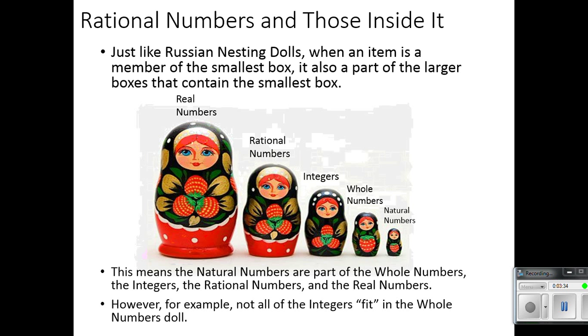The smallest doll goes into the next size, and then the next one goes into the bigger one, and then they would all go into the last one. That's a nesting doll. So when an item is a member of the smallest box, it becomes a part of the larger container.